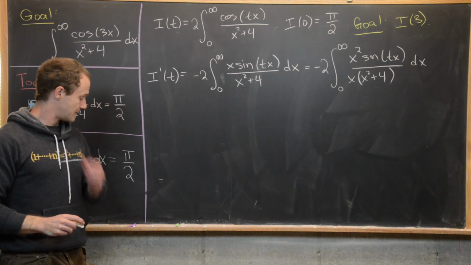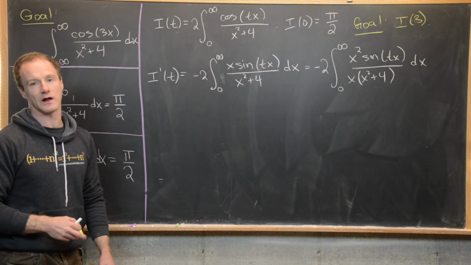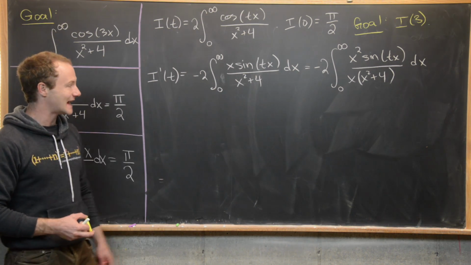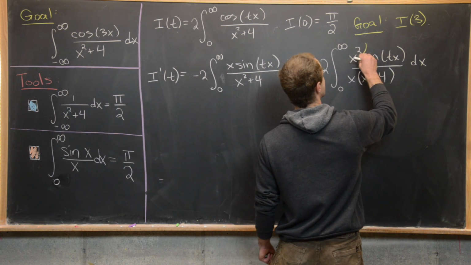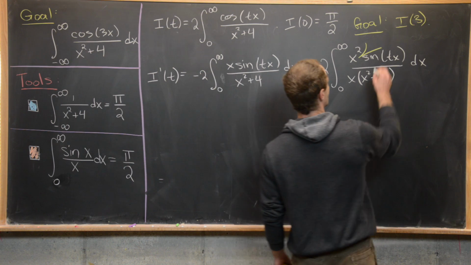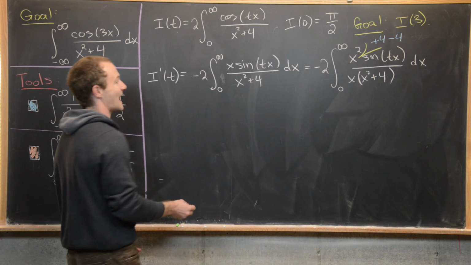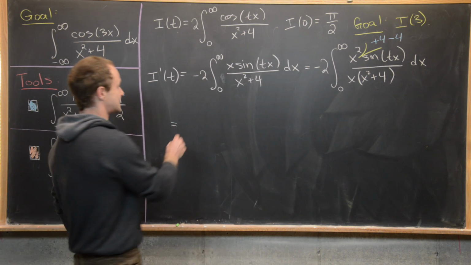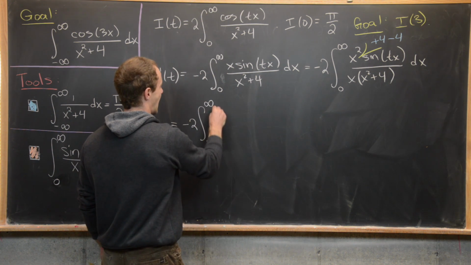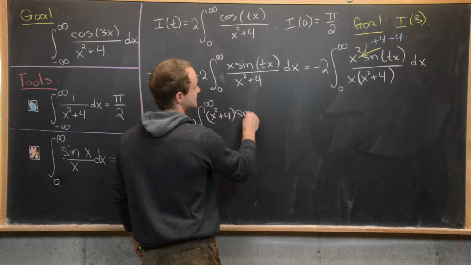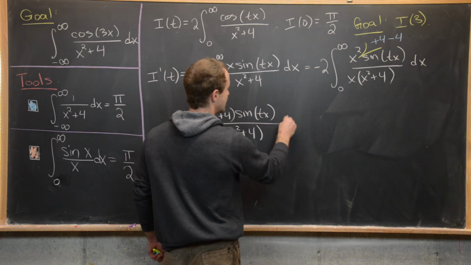So why do we want to do that? Well, we want to do that so we can cleverly add and subtract the same thing to the numerator, getting part of this to cancel with the x squared plus 4. So that's exactly what we're going to do. We're going to take this right here, and we're going to add 4 and subtract 4. So let's see what that gives us. That's going to give us negative 2 times the integral from 0 to infinity of x squared plus 4 times sine of tx over x times x squared plus 4 dx.